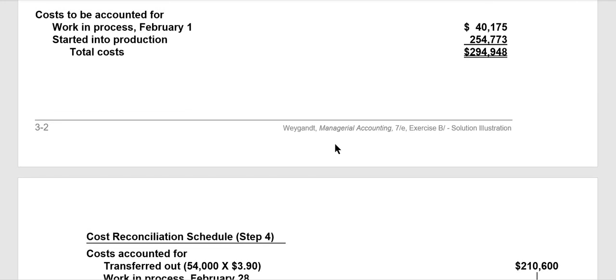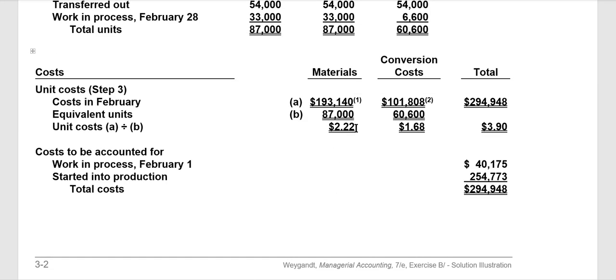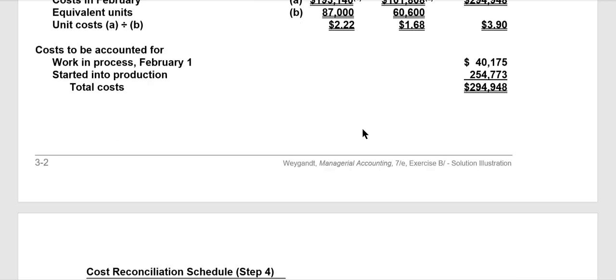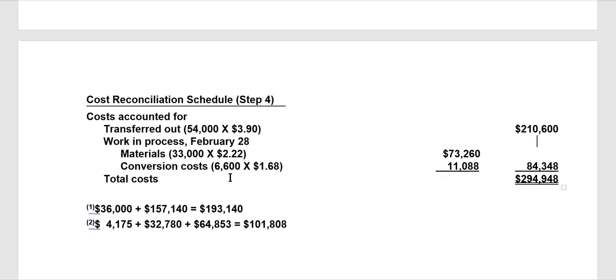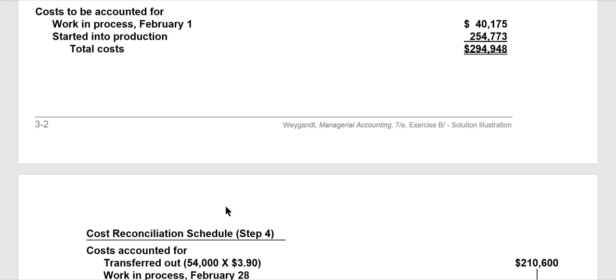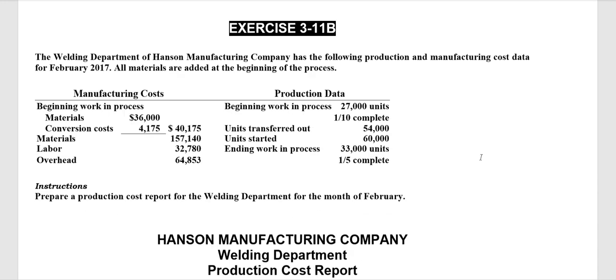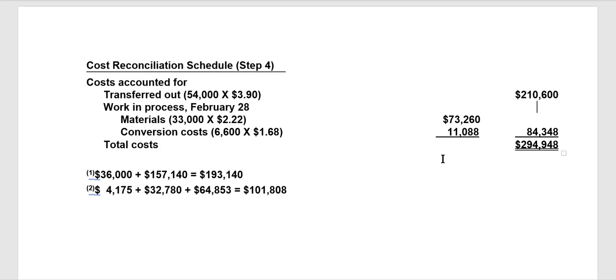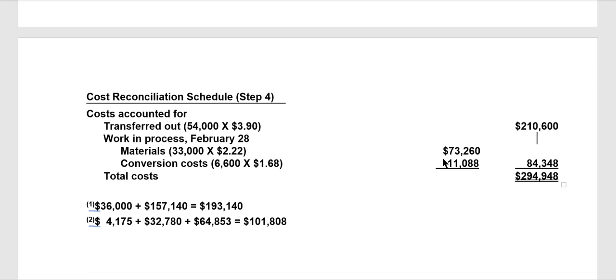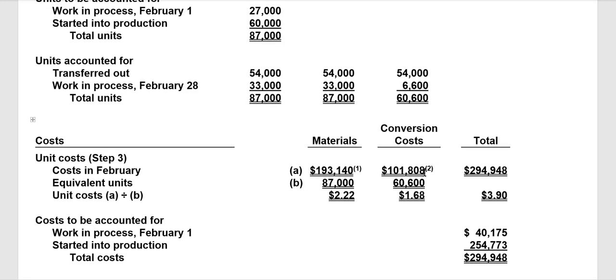The work in process at the end of February, we had 33,000 units, and so we multiply the 33,000 by $2.22 because that is the cost per equivalent unit for the materials, and that will give you 73,260. Similarly, we multiply the equivalent unit for conversion cost, which is 6,600. Recall from our step 2 calculation. And we determine that the cost per equivalent unit for conversion is $1.68.